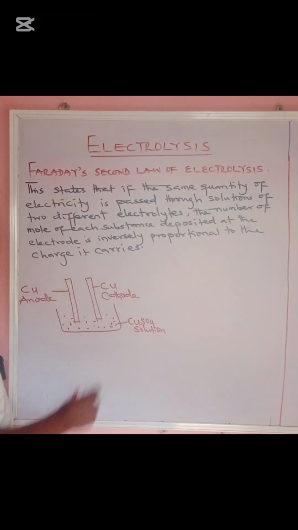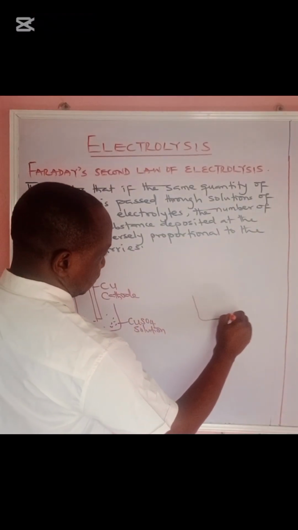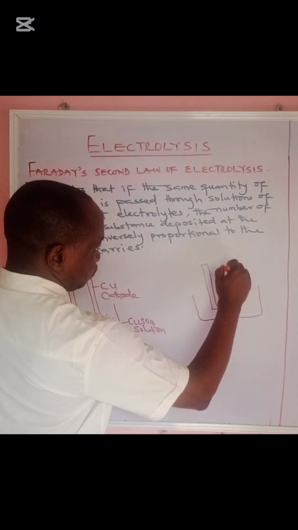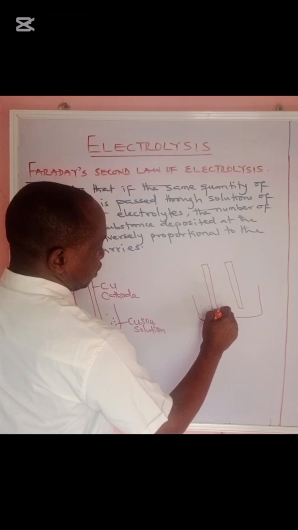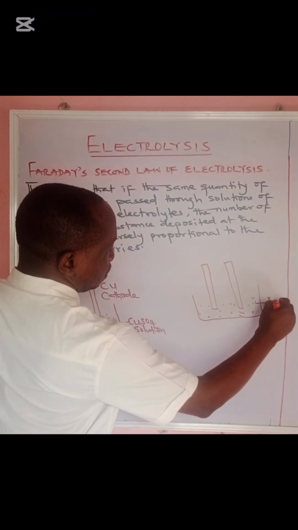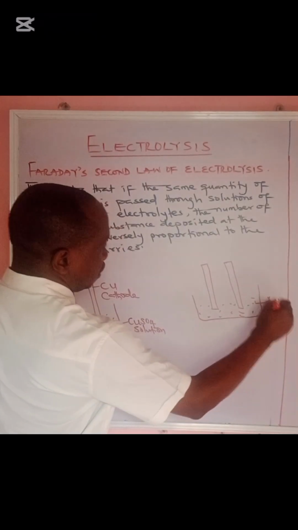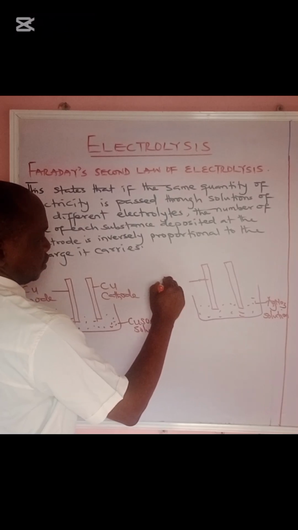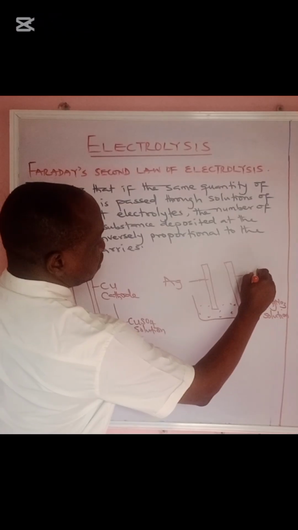This is the first solution. You have another solution here. Let's make use of silver nitrate solution, using silver electrode. This is silver. This is another silver.